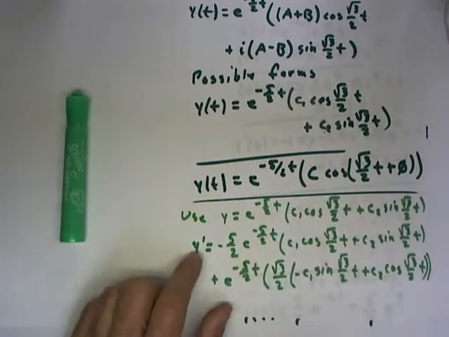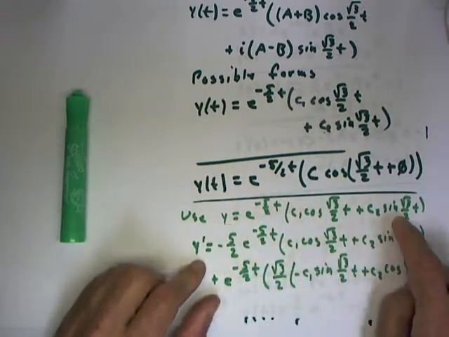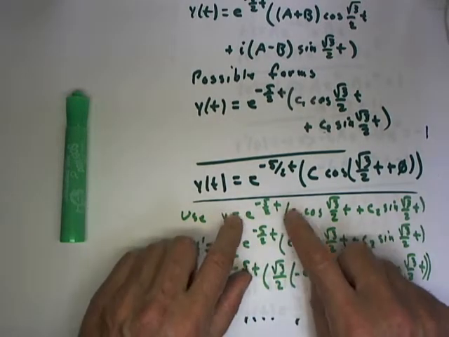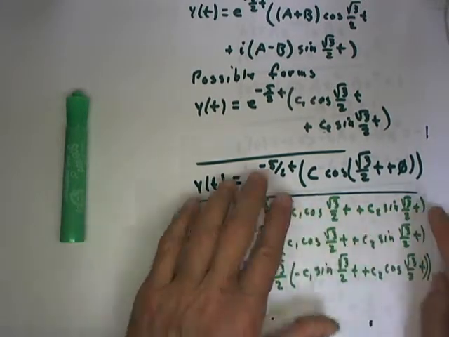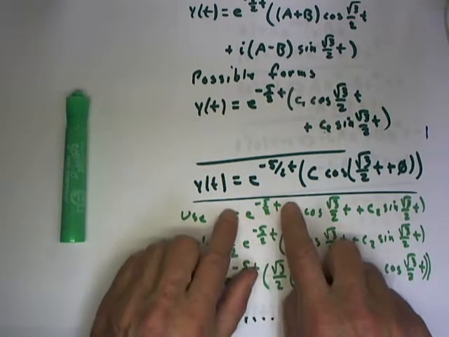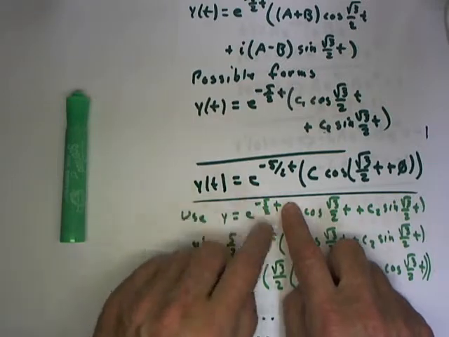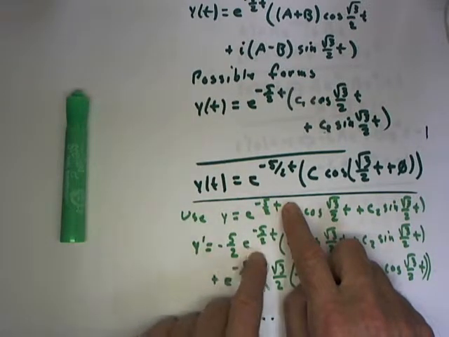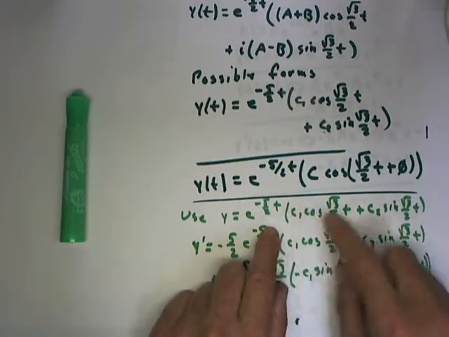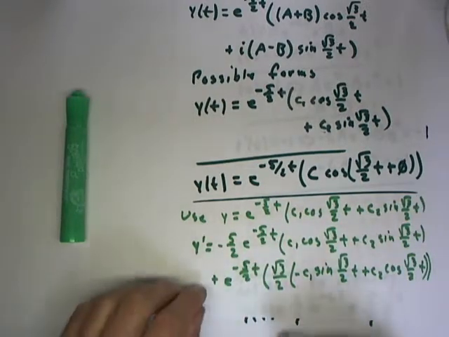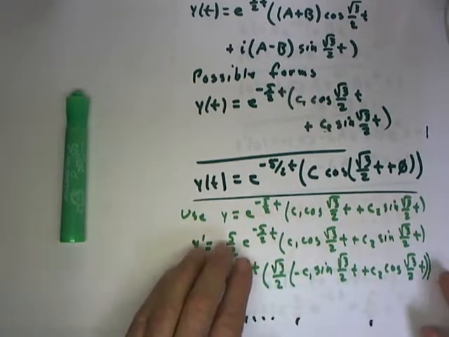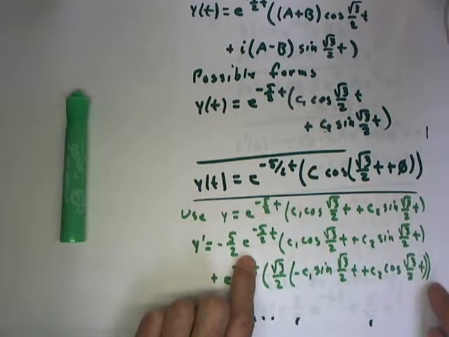Using this form here, we take the derivative. We notice that this form is a product of this function with this function, so we have to use the product rule. So we start by taking the derivative of e to the negative 5/2 t, which is negative 5/2 e to the negative 5/2 t, multiplied by the second function, and then the first function, e to the negative 5/2 t, multiplied by the derivative of the second function.